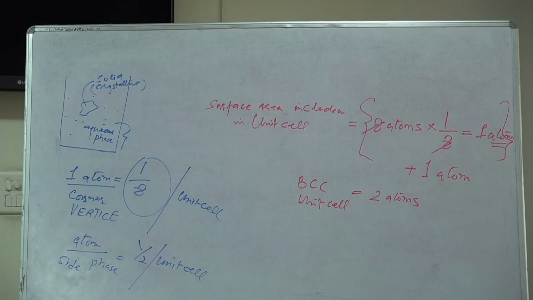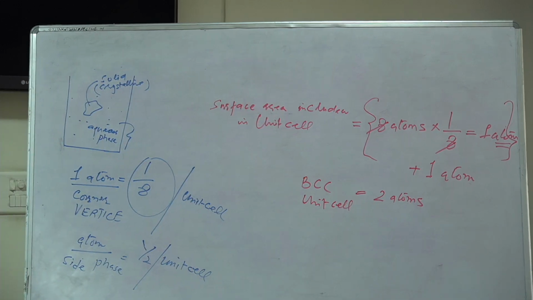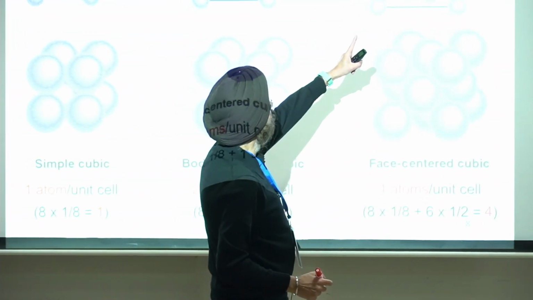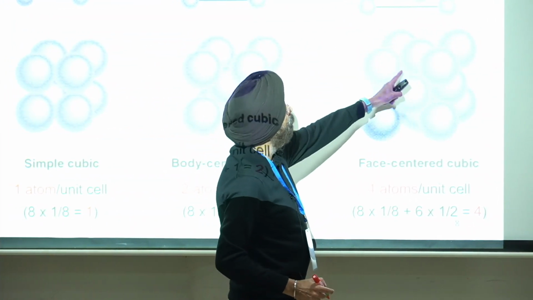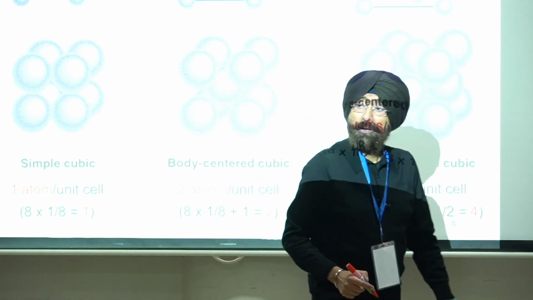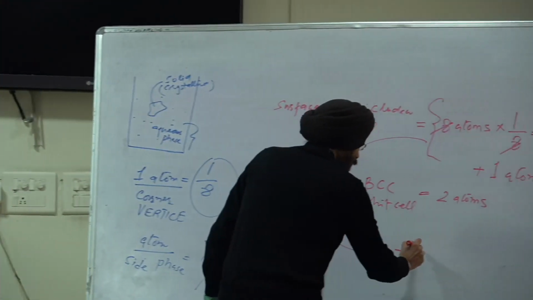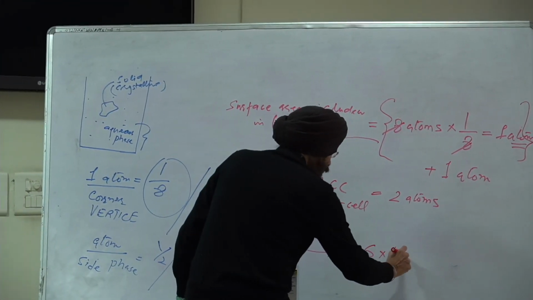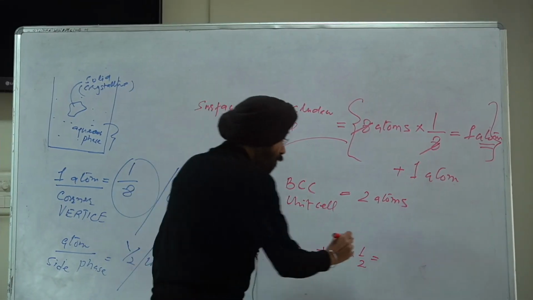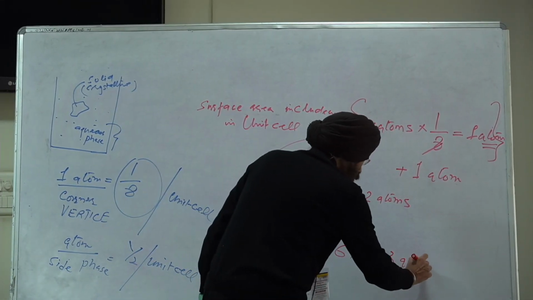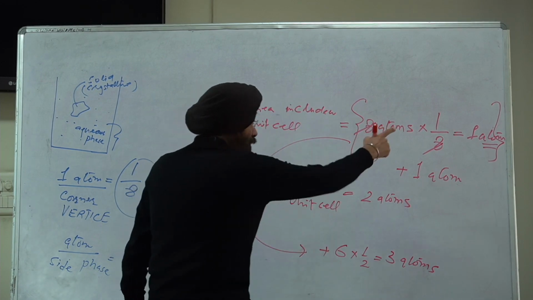What is the situation for the face-centered cubic unit cell? And you see, there is none in the center, but all the six on the faces. So it means that I am still taking the corner atoms over here, plus 6. Each one is contributing half. So therefore, there are 3 atoms' surface area, plus the 1.